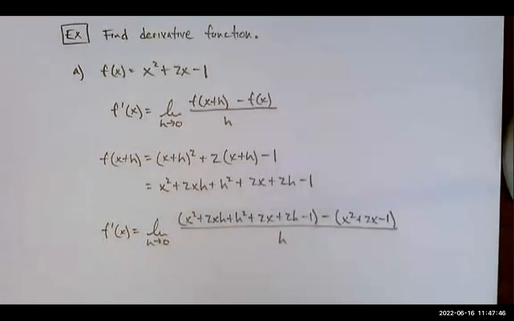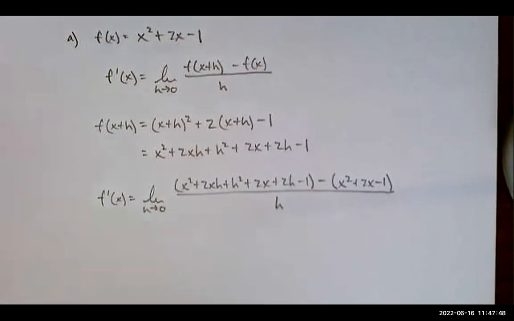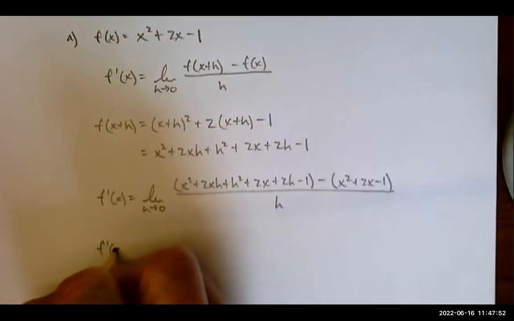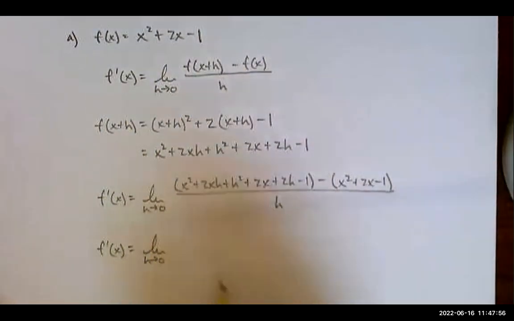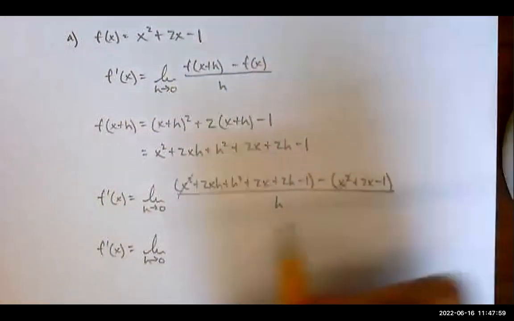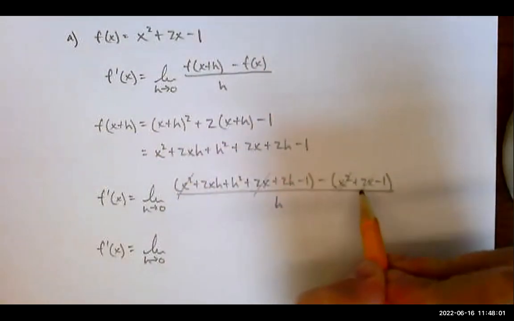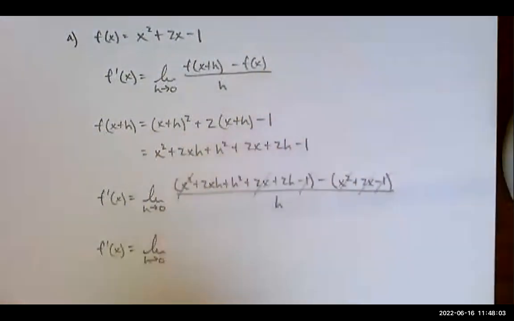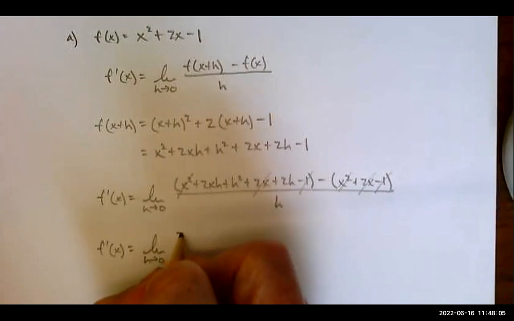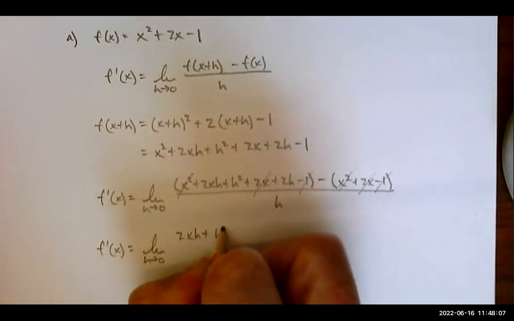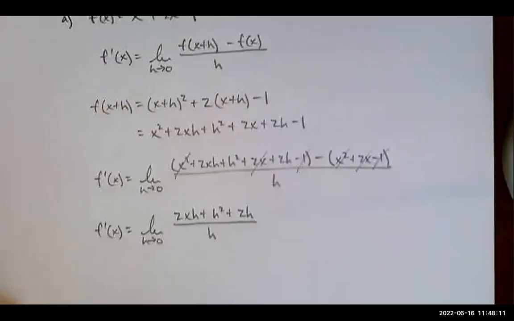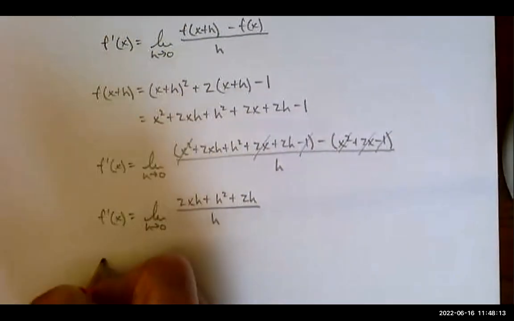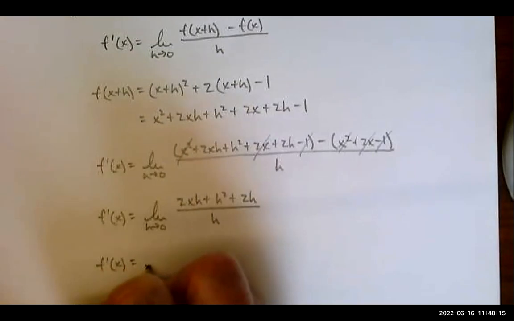Okay, if we've had some practice with difference quotients, hey, this feels very familiar. Well, from here, let's see, x squareds cancel out. 2x minus 2x, minus 1 minus minus 1. And we've got 2xh plus h squared plus 2h over h. We can then factor out an h.